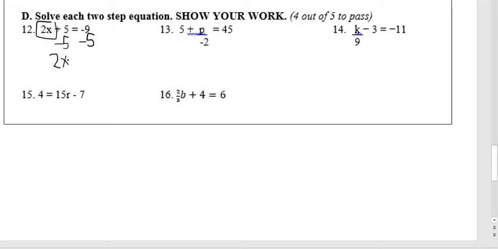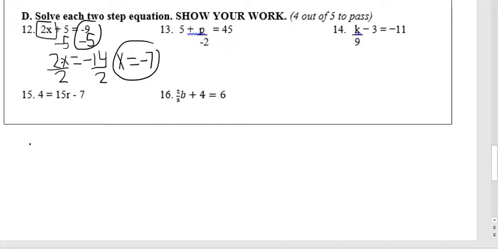So now we have 2 times x equals negative 9 plus a negative 5, which is a negative 14. And then from there, this is 2 times x. So in order to get the x all by itself, we would have to divide by 2 on both sides. So x equals a negative 7. That is our solution. So if we take 2, we multiply it by negative 7, and we add 5, we do get negative 9. Okay?